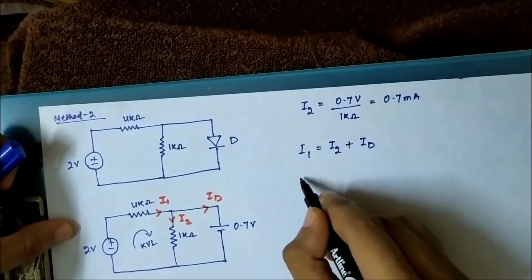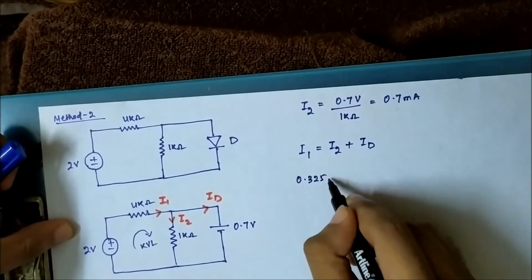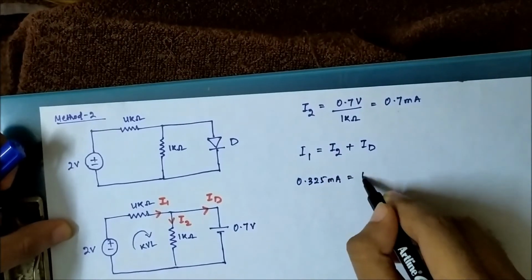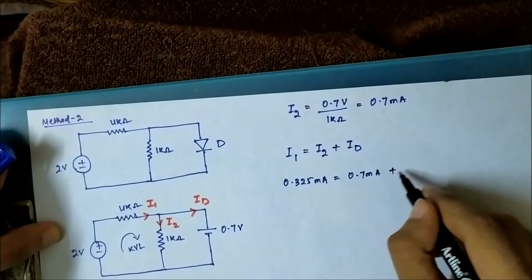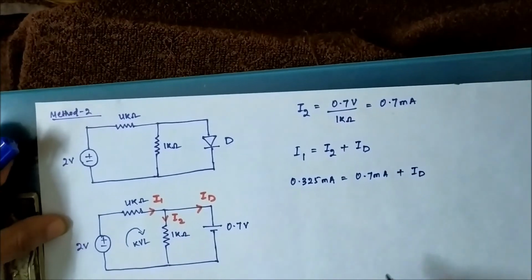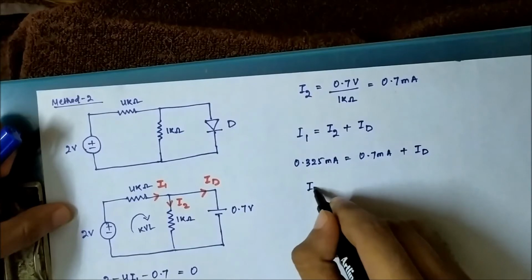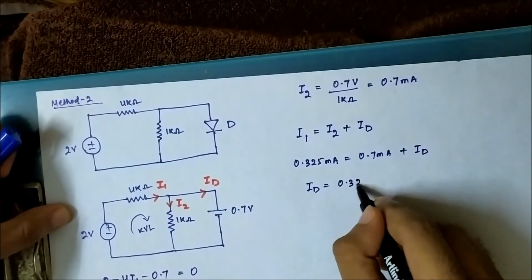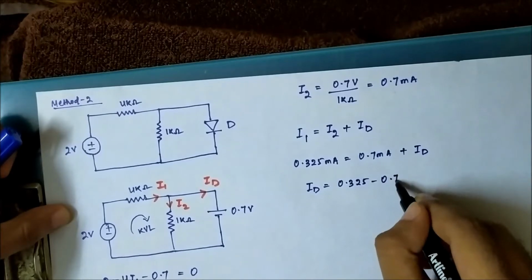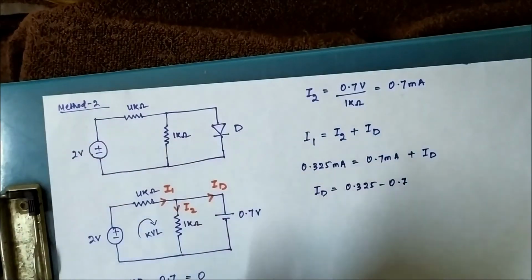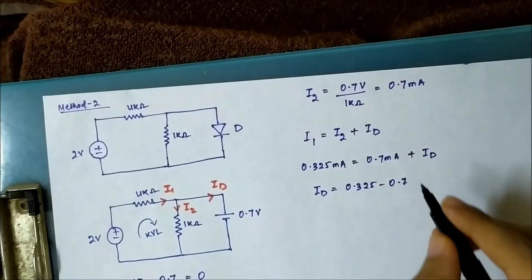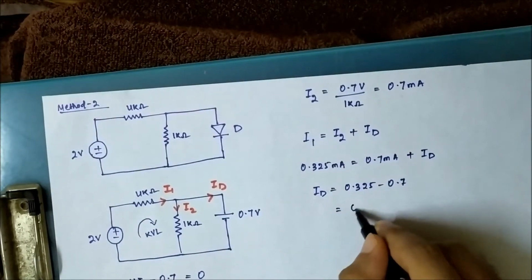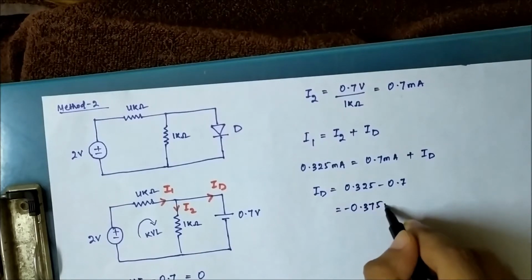So I1 is 0.325 milliampere, I2 is 0.7 milliampere, plus ID. ID is the unknown value. Now we can calculate ID is equal to 0.325 minus 0.7. Let us calculate it with the help of the calculator. 0.325 minus 0.7 is equal to minus 0.375. Negative current.